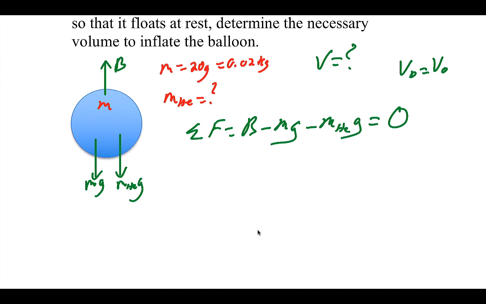Now if we look at this equation, if we substitute for buoyancy, which was density of the fluid, volume displaced, gravity, we have the weight of the balloon. Now, since I don't know the mass of helium, I have to replace mass with its density and volume, which is again going to be the same as the volume of the object here.